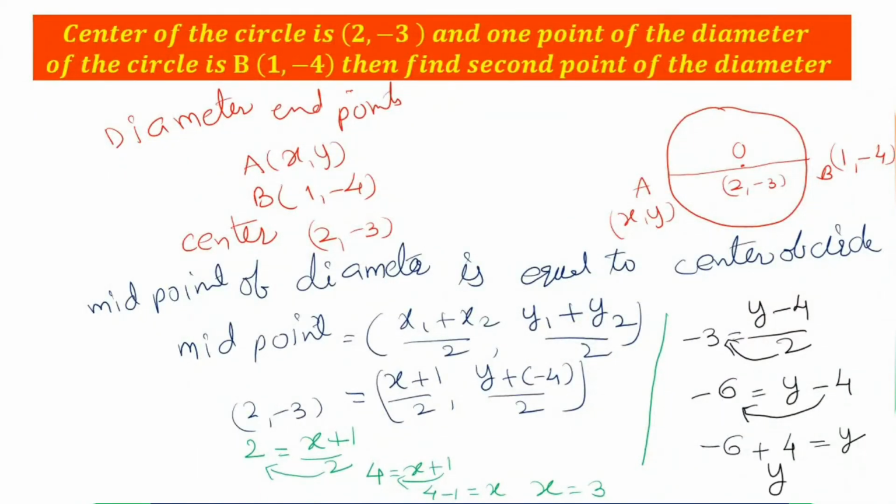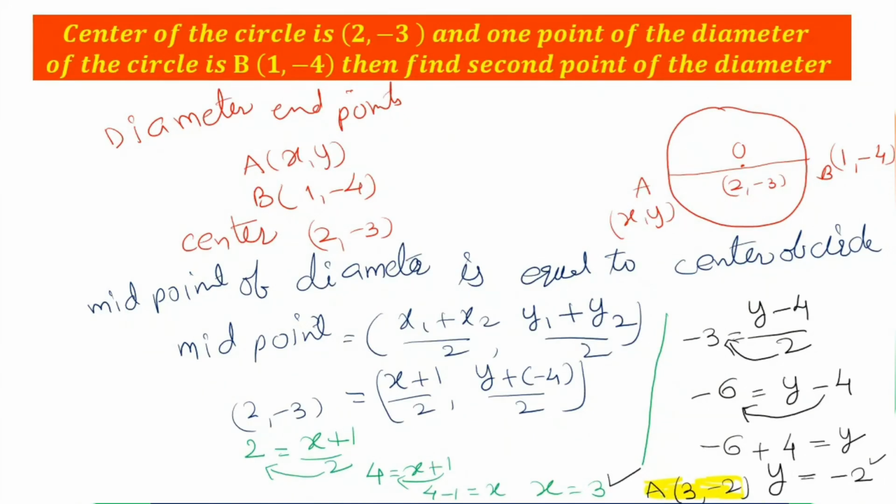So y equals minus 6 plus 4, minus 2. Therefore y is equal to minus 2. x is equal to 3 and y is equal to minus 2. Therefore the required A is (3, -2). (3, -2) is the required point.